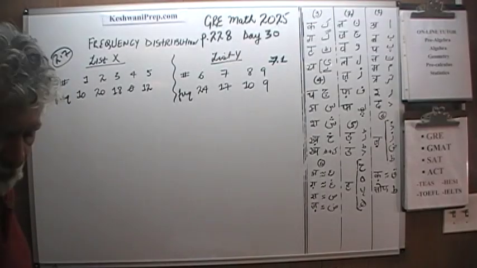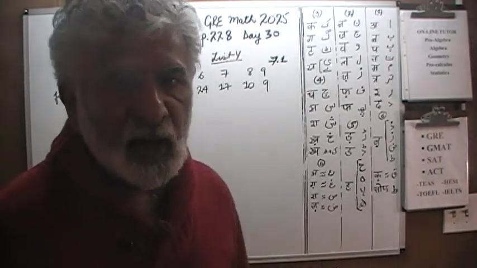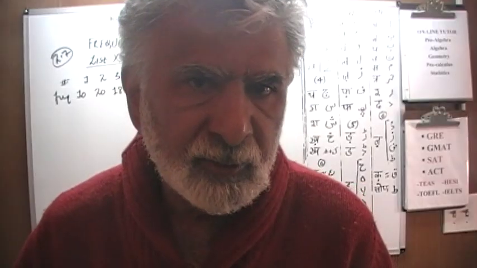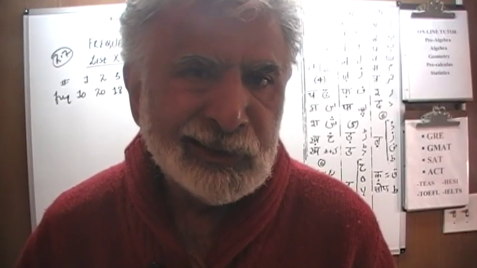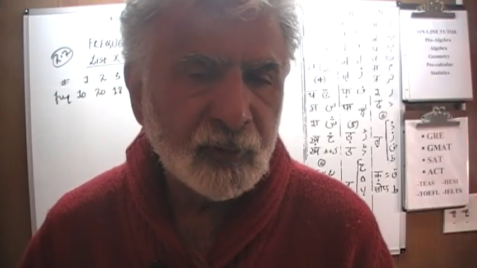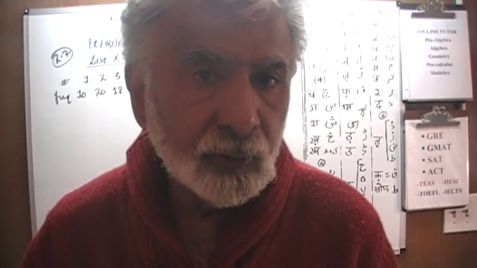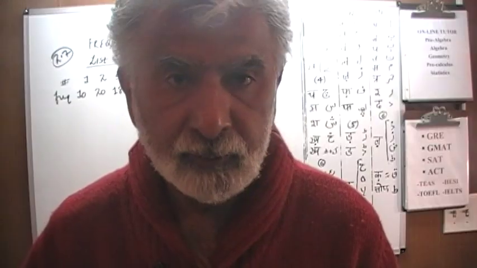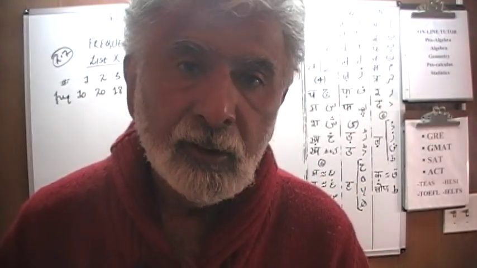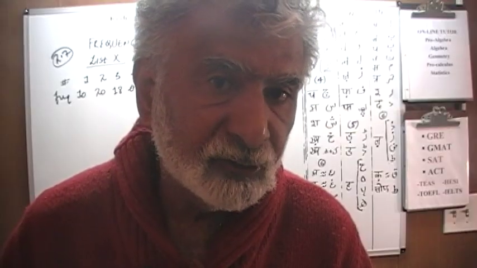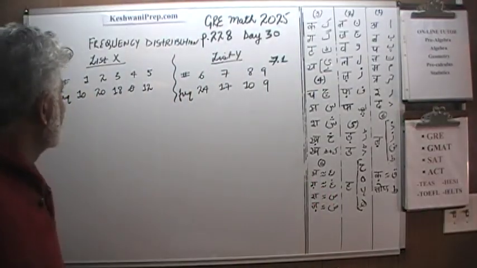The first thing we have to figure out is, do these two lists have the same number of observations? Because if they do, it will make our life very simple. Let's see how many observations we have in list X, and how many in list Y. Keep your fingers crossed.